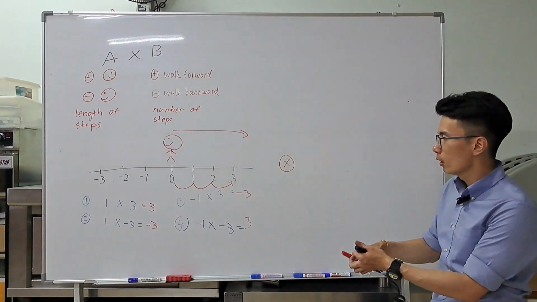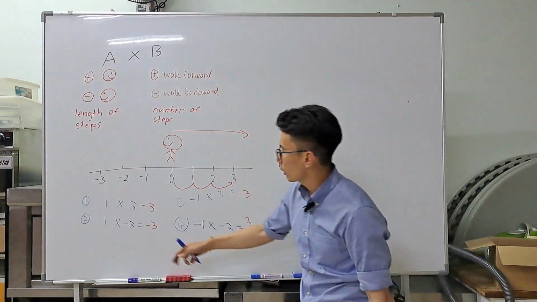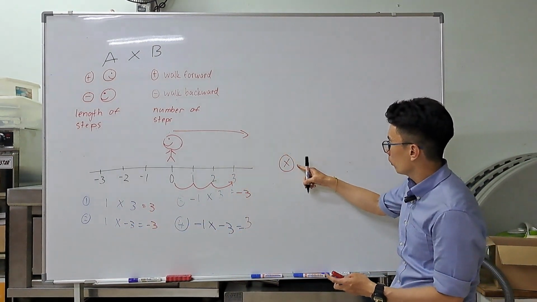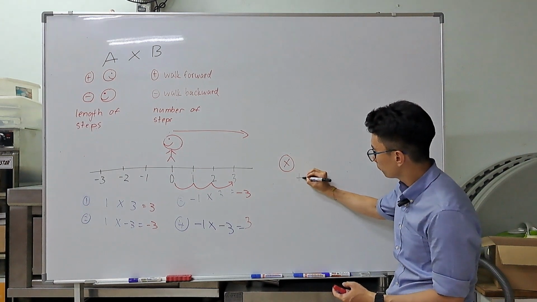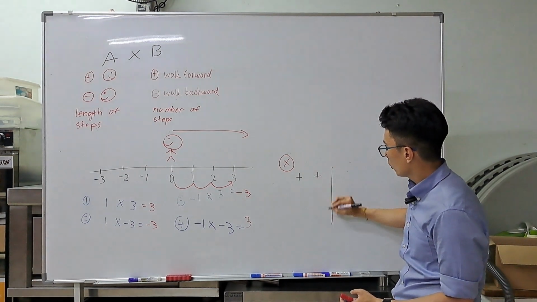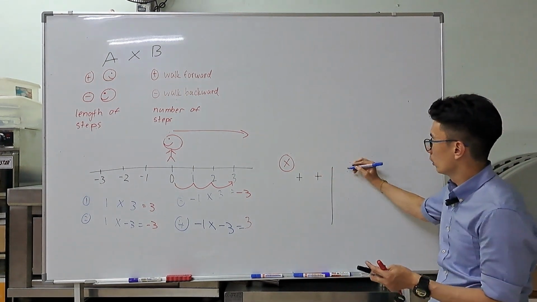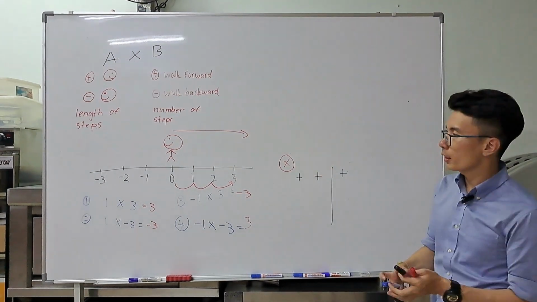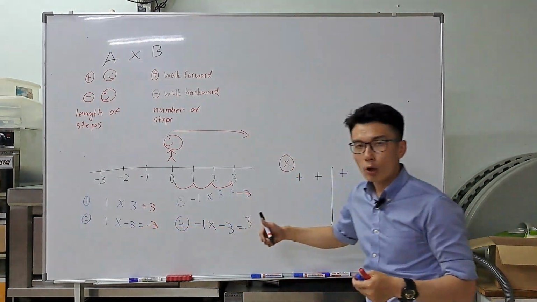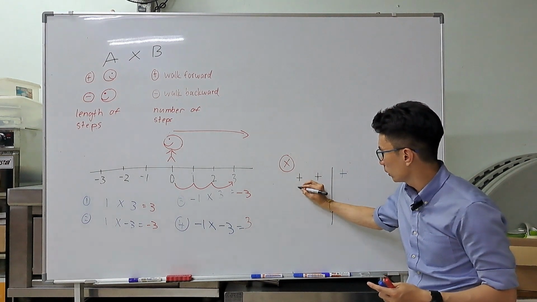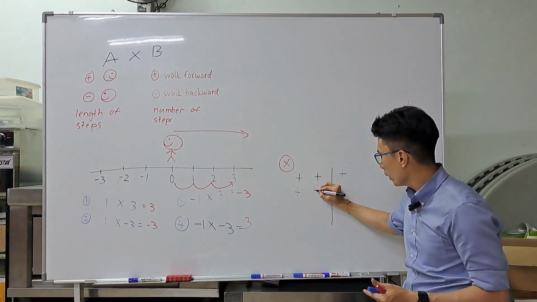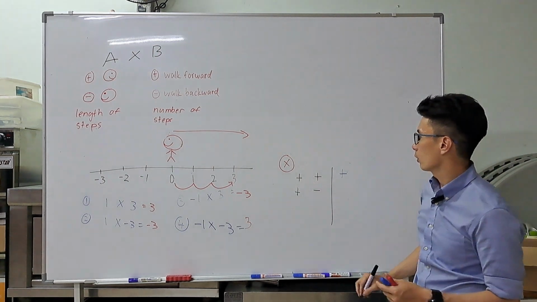If we are multiplying a positive and a positive number, we will get a positive number, as you can see here.